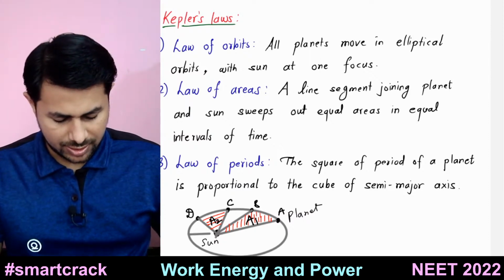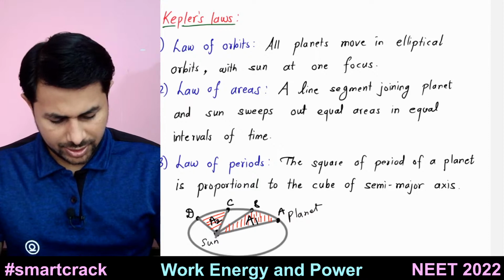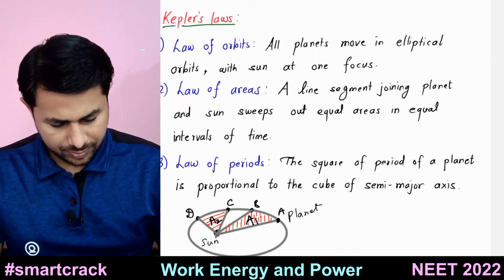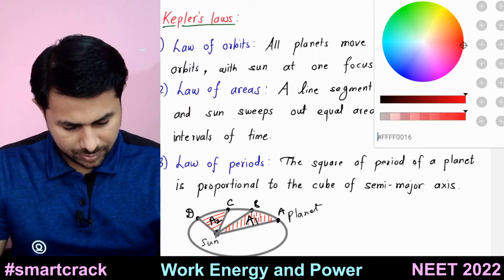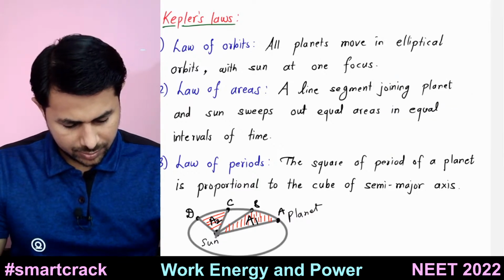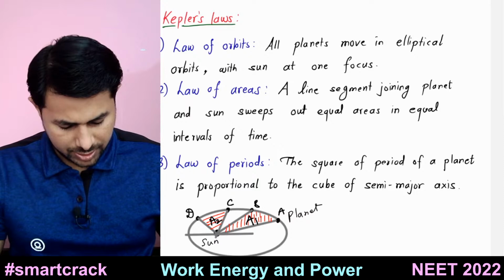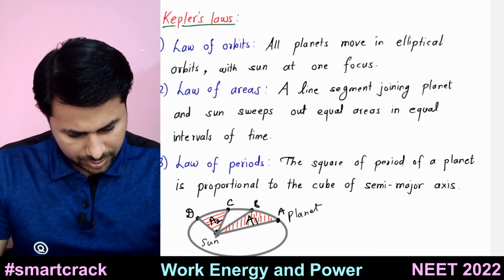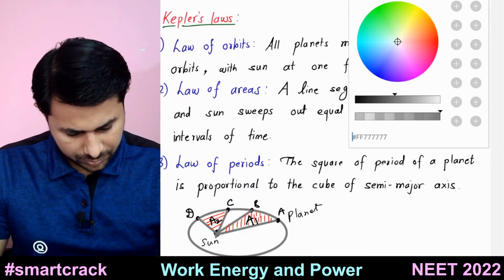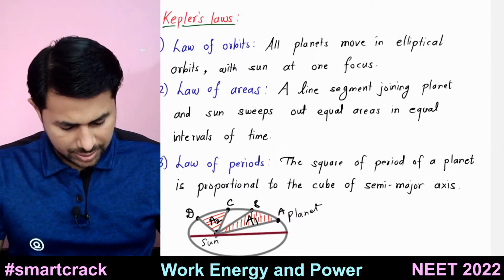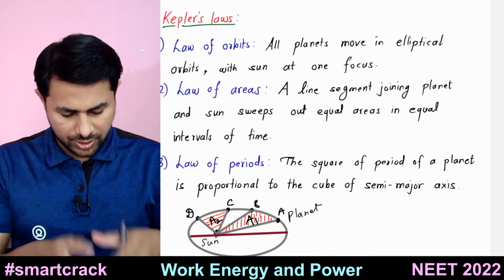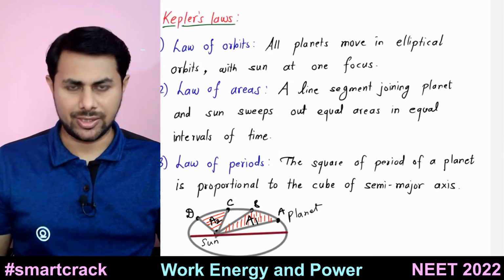So this one is known as major axis. So if you take half of that, you will get semi-major axis.